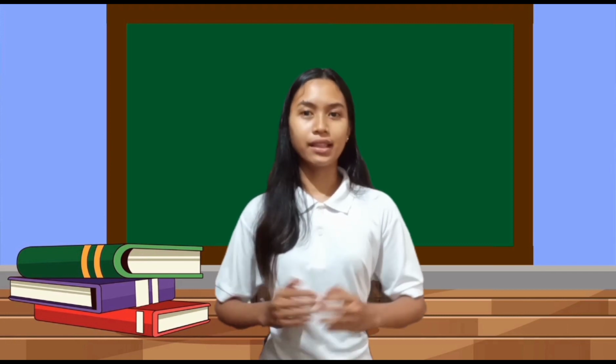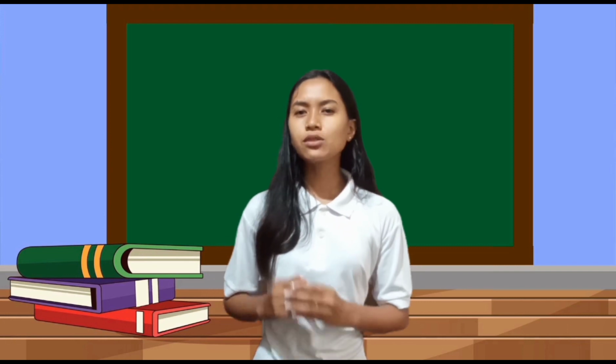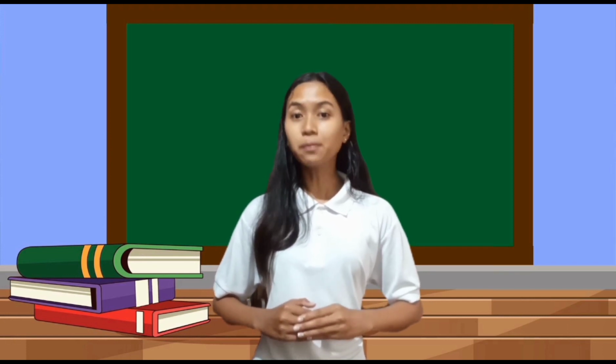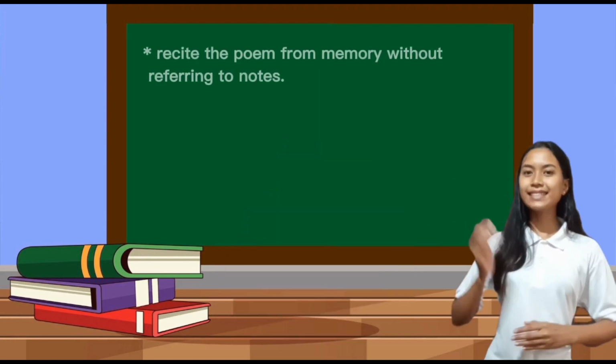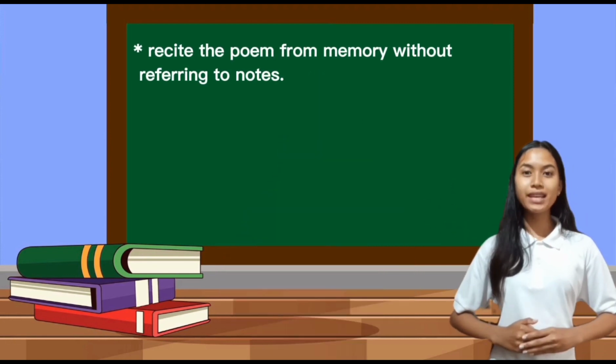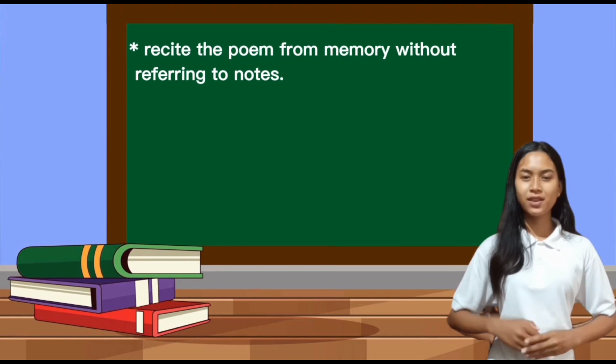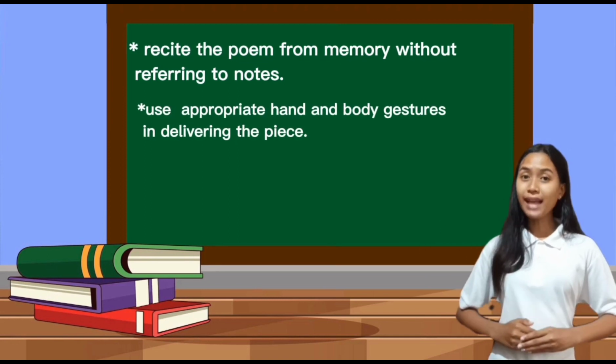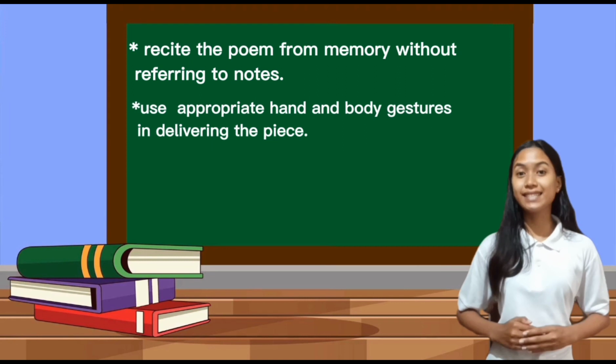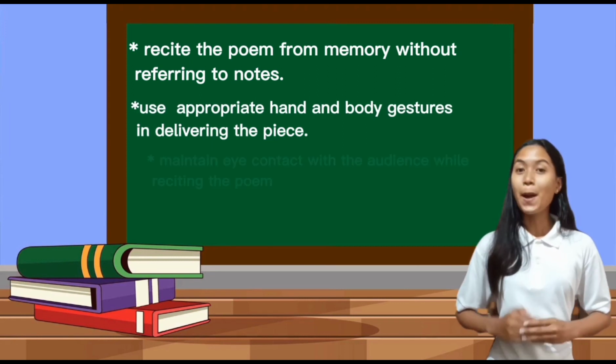And our learning objective is to enable the students to recite a poem entitled The Raven by Edgar Allan Poe, specifically: recite the poem from memory without referring to notes. Use appropriate hand-body gestures in delivering the piece.